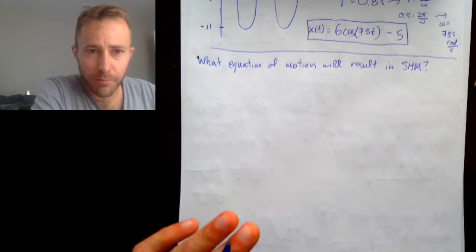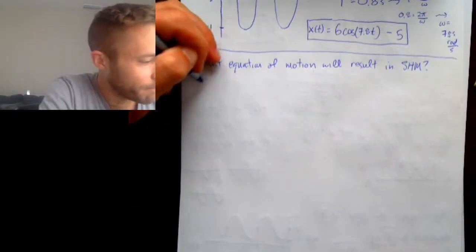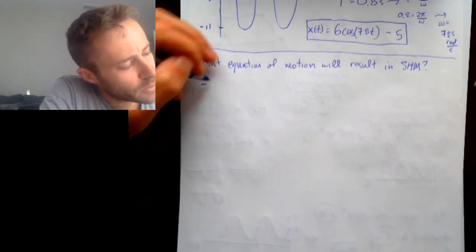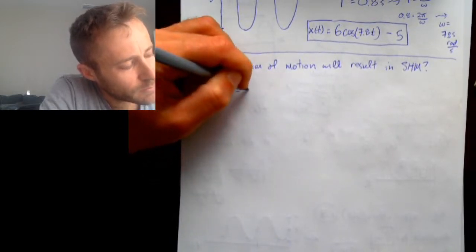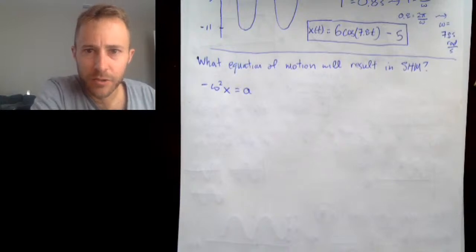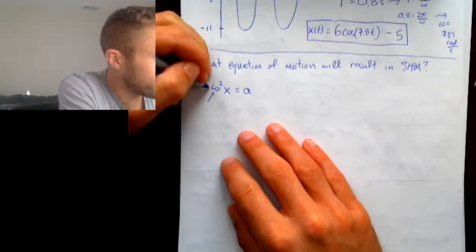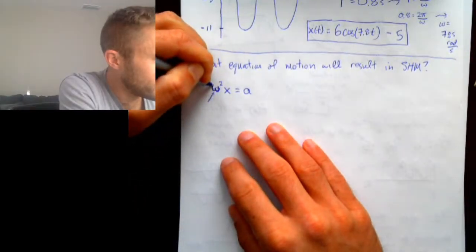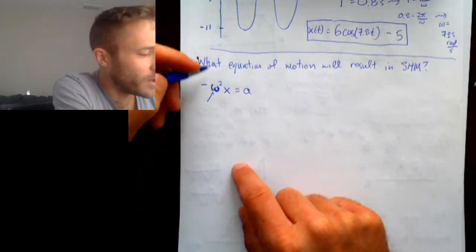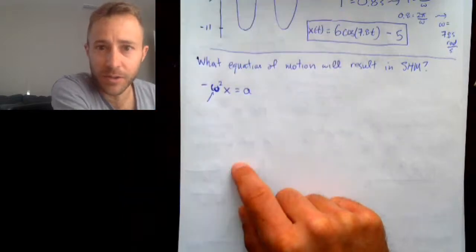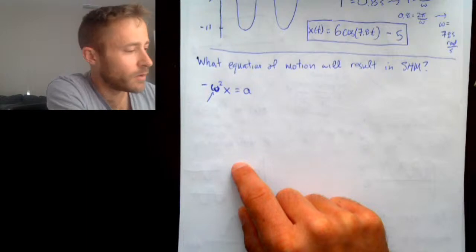Okay. And so I'm going to tell you the equation, and then I'll show you why. All right. The equation is minus omega squared x equals a. So omega squared, this is the same omega that appeared in the other equation.